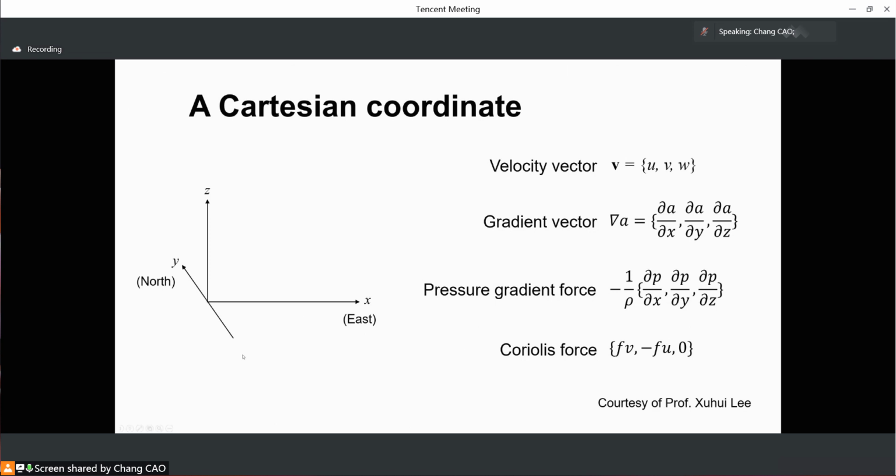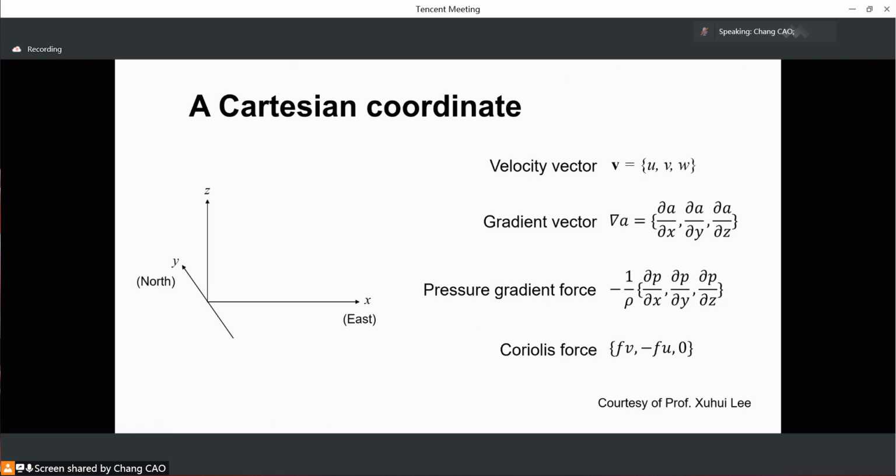What is shown here, x, y, and z, is a Cartesian coordinate, a very classic coordinate system. The velocity vector and the scalar concentration gradient are generally expressed in a right-handed Cartesian coordinate frame.